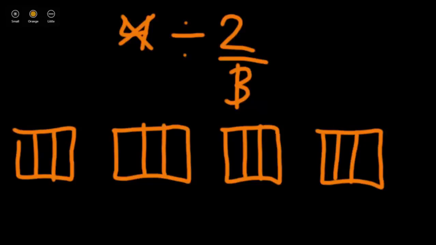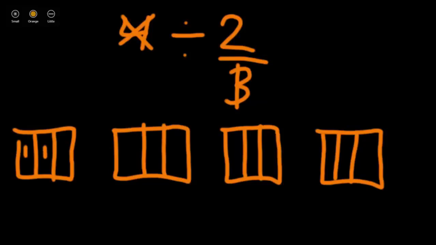And now I want to find out how many groups of 2 we have in our 4 wholes. So one way you could do that is you could circle every time you see 2 separate pieces in our 4 wholes. Another strategy is you could actually just number them. So I'm going to number each time I see 2 separate pieces. 1.